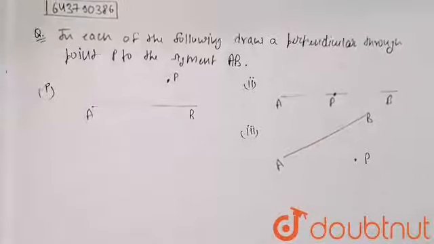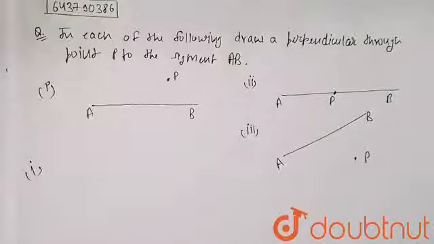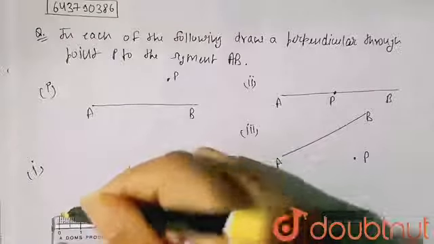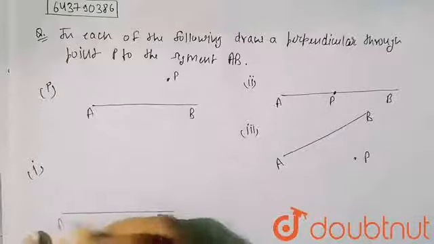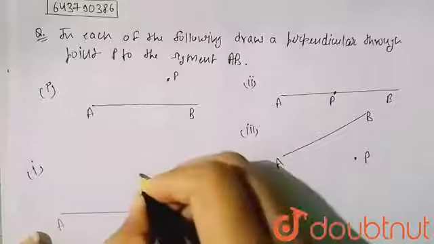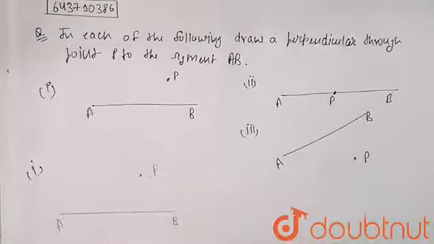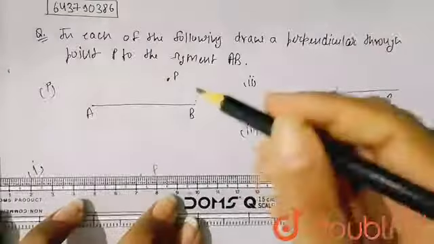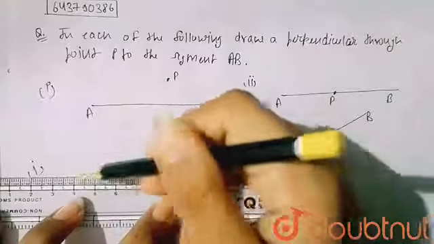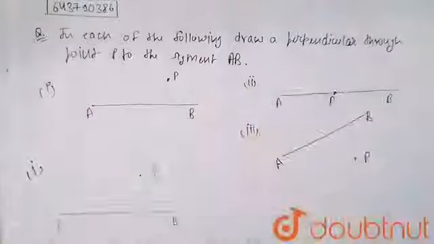Here you can see that first I will make my line segment. So this is my line segment, say AB. Now here is my point P. Now from this I will make a parallel line, like this.